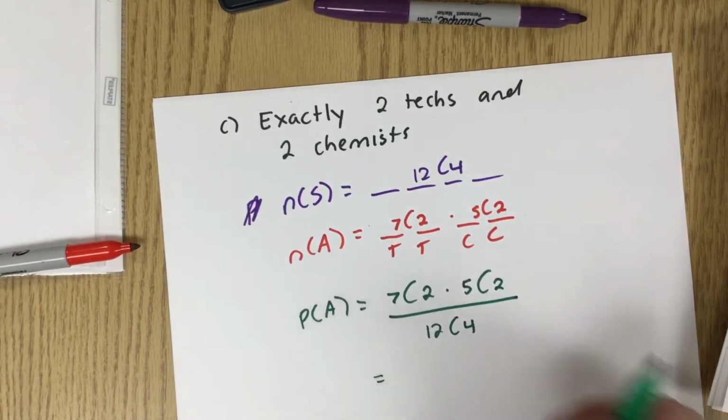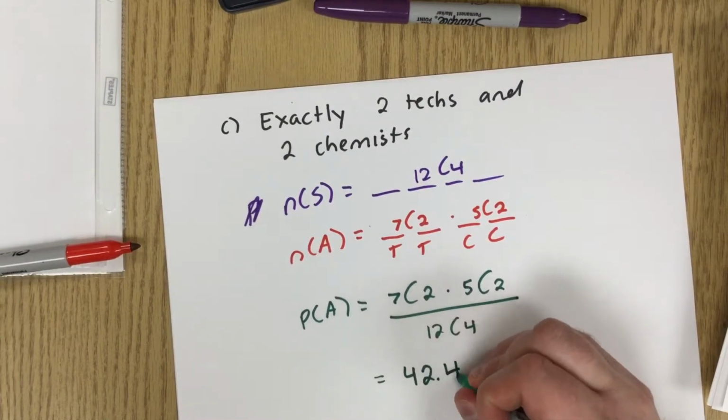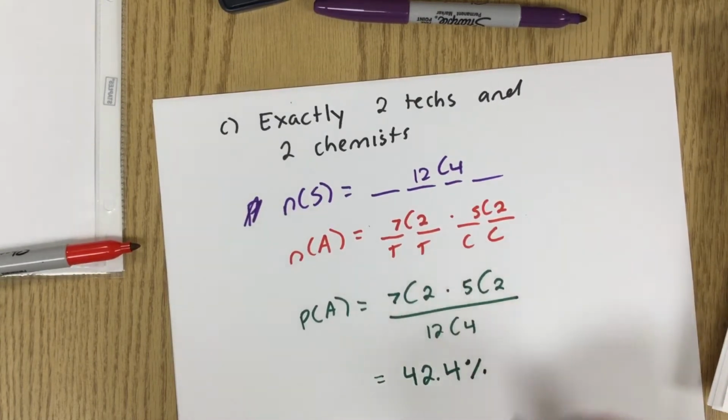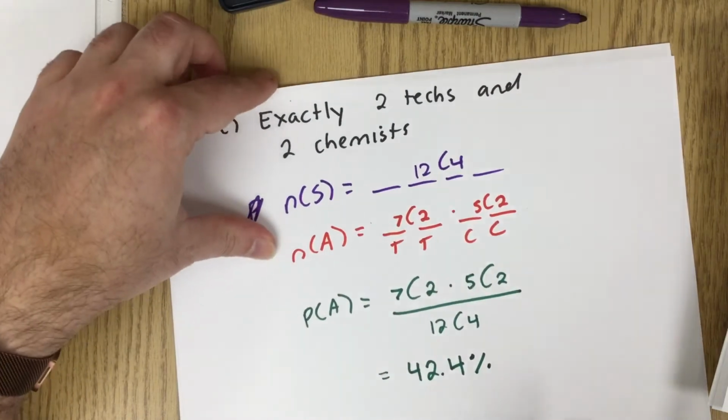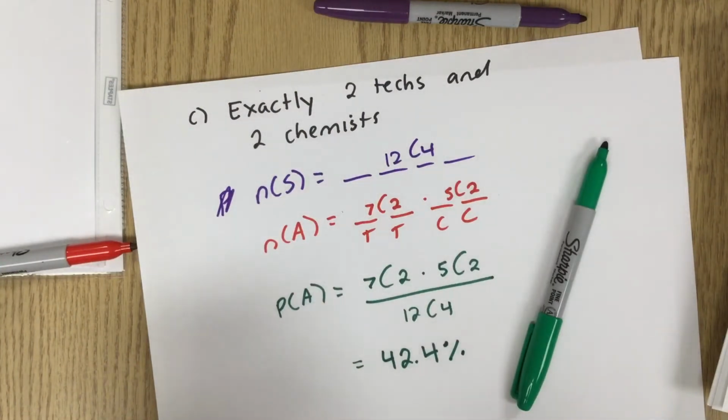I think it's 42.4%. Let me just double check it quickly. 7 choose 2 times 5 choose 2 divided by 12 choose 4. Yep, 42.4%.